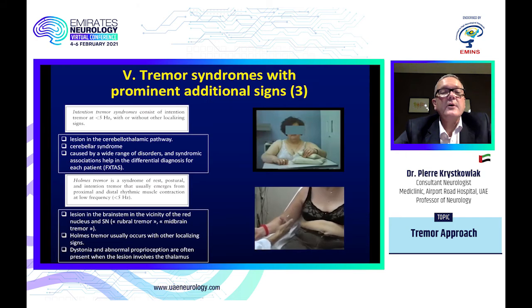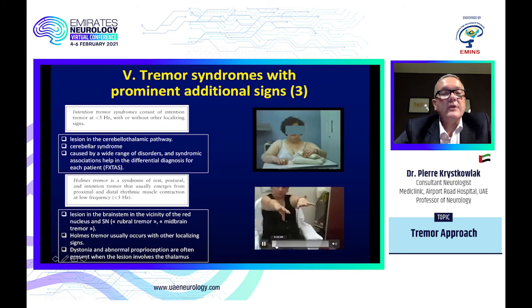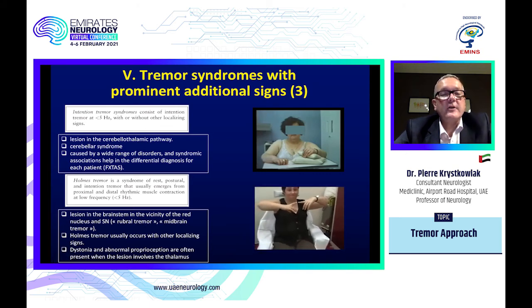That explains the rest component. It was formerly called rubral tremor or midbrain tremor, and it usually happens with other localizing signs. And when you get some dystonia and abnormal proprioception, it means the lesion frequently involves the thalamus. As here, I'd like to show you. Here you can see the rest component on this video.